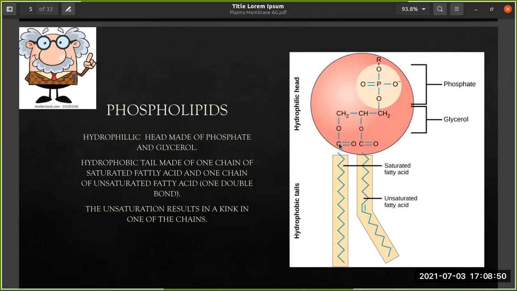On the glycerol backbone, fatty acids are attached on two of the carbons, and on one, a phosphate group is attached. On that phosphate group, another group called R is joined.